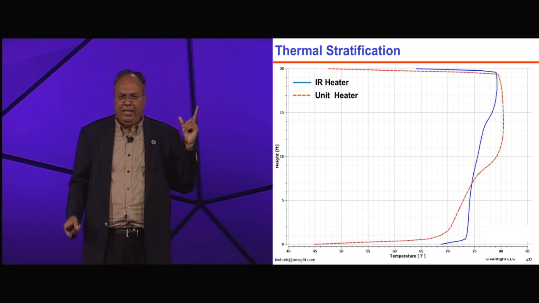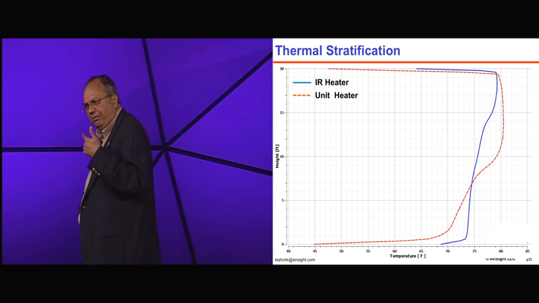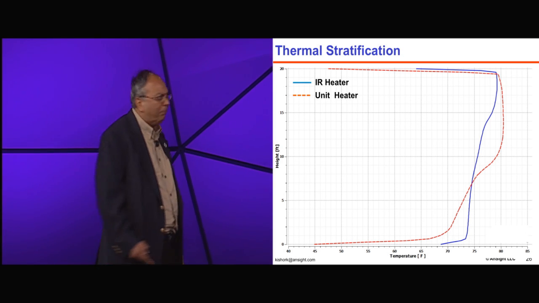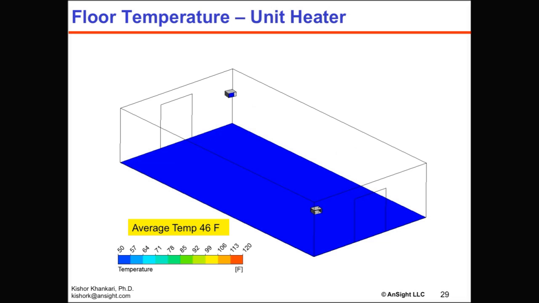So when people say IR heaters give relatively low thermal stratification, you have the proof here. Let's look at the wall temperature, because that's what is important in the case of IR heaters. With the IR heater, the average is 71. With the unit heater, the average is 46.